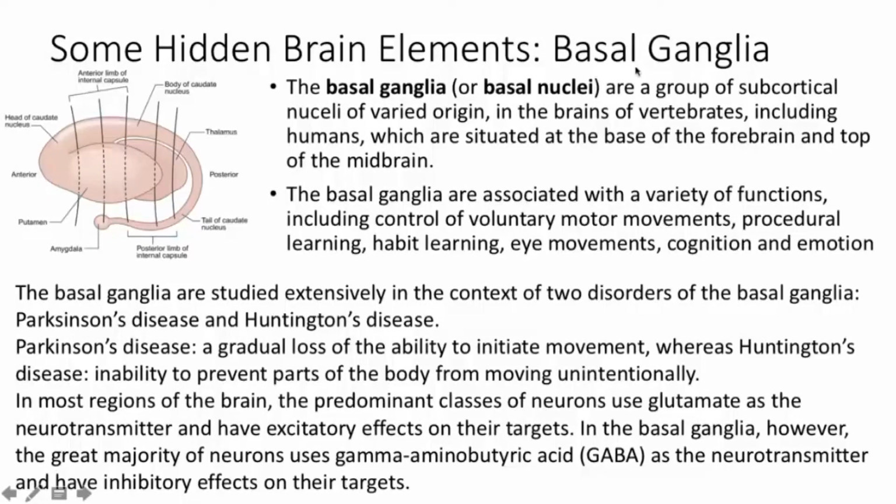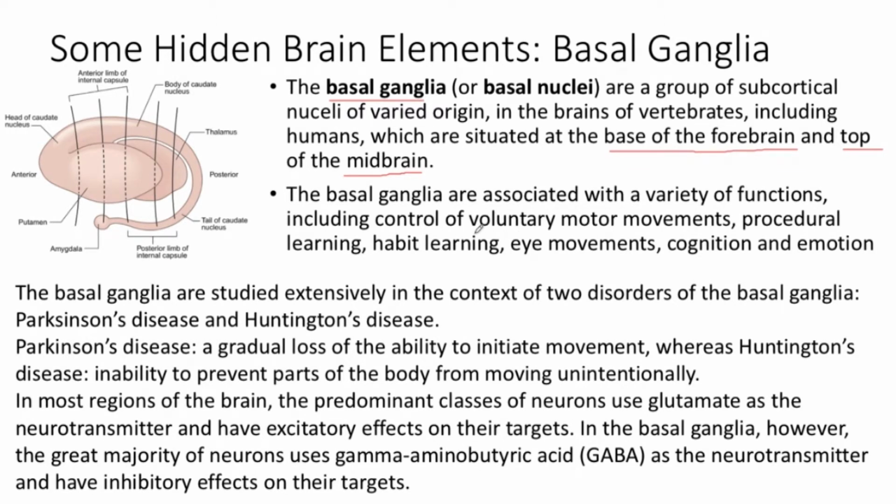Let's look into their functions and characteristics. One of the most important parts here is the basal ganglia, which is essentially a group of subcortical nuclei of varied origin, generally found in the brains of vertebrates, including humans, situated at the base of the forebrain and at the top of the midbrain. It is associated with a variety of functions.